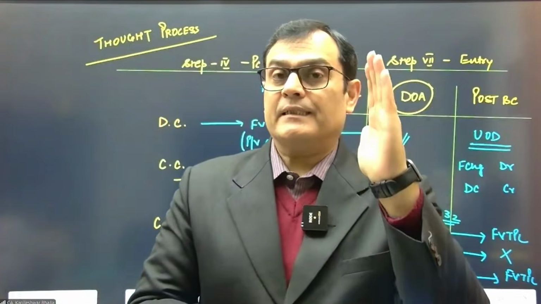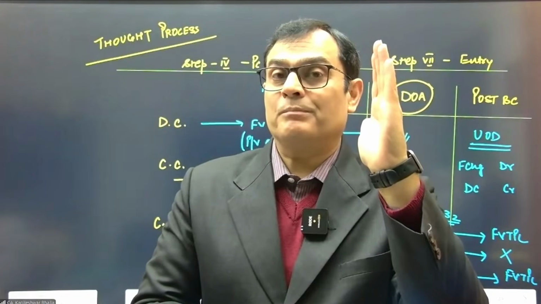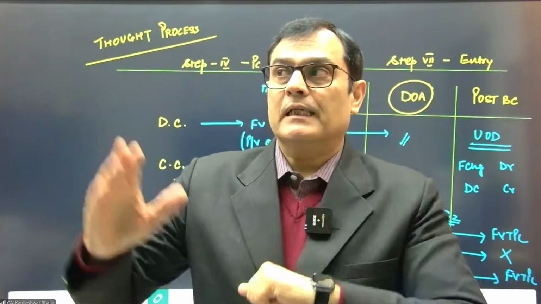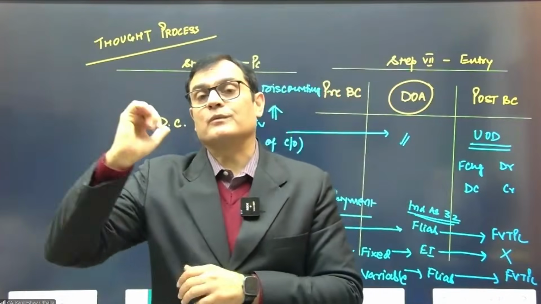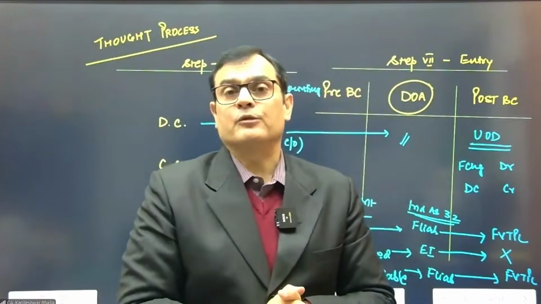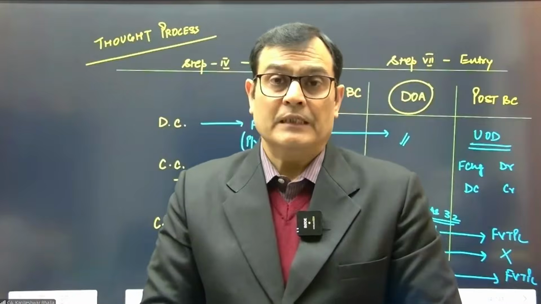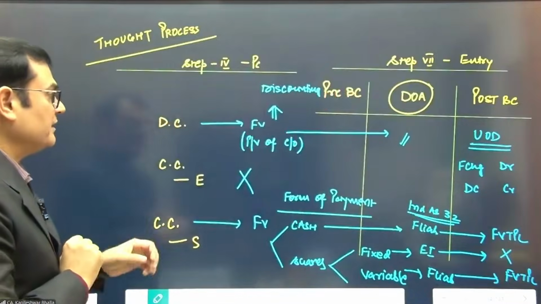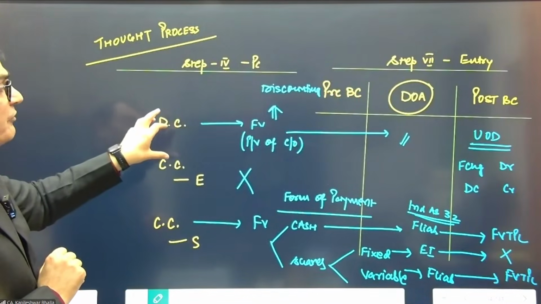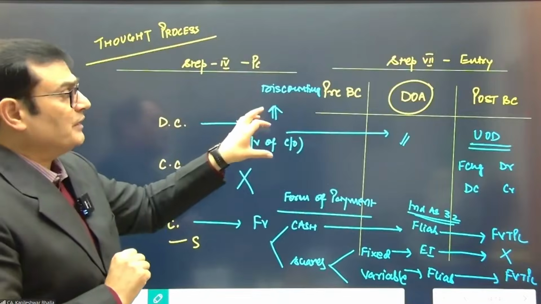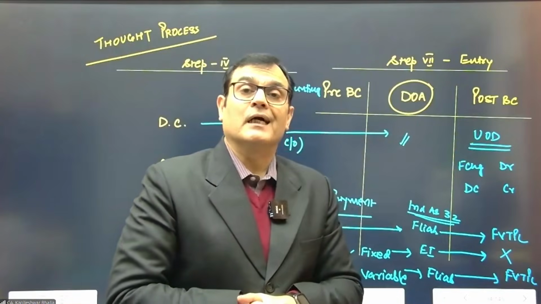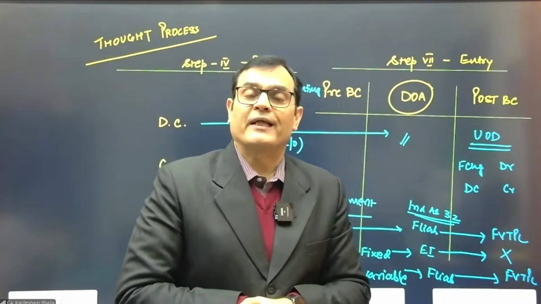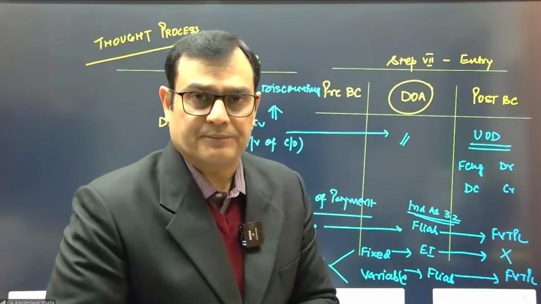So the moment I say that there is a consideration component, a PC component, I need to be clear whether this is also going to lead to some subsequent accounting post the acquisition date. So what I try to map in your mind is that if you've got a deferred consideration and you've taken a present value, then remember that after the acquisition date, unwinding of discount, finance charge will be attributed.